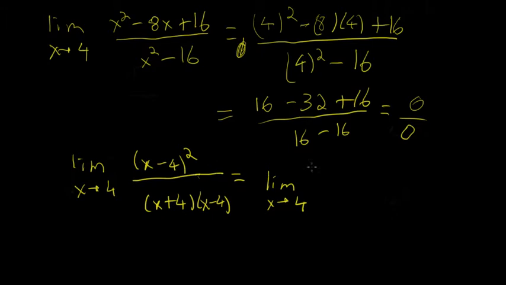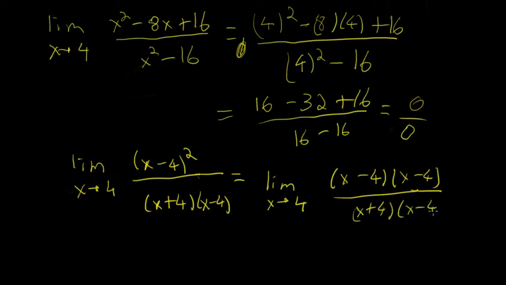And the numerator, x minus 4 squared, is basically the same thing as x minus 4 times x minus 4. And the denominator, you have x plus 4 times x minus 4.